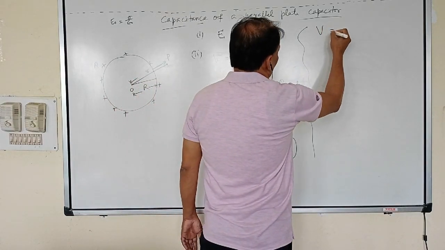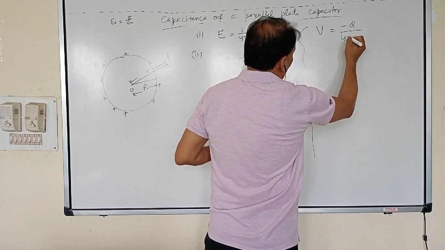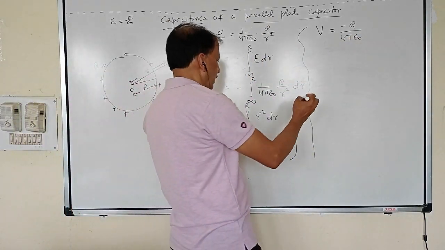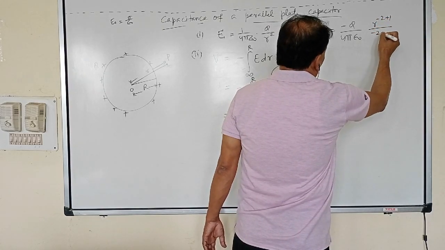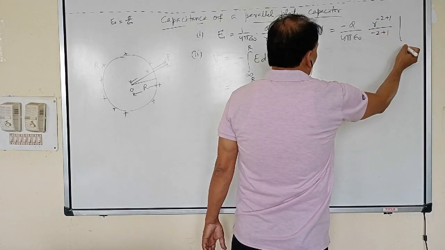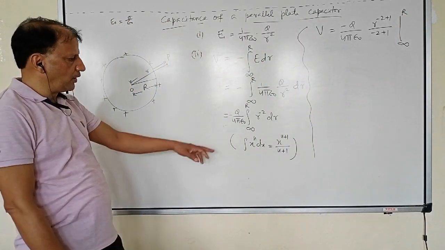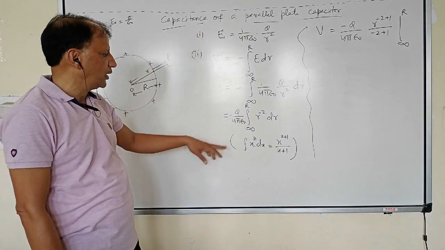V is equal to minus q upon 4 pi epsilon naught. Now here we have taken the integration, r to the power minus 2 plus 1 upon minus 2 plus 1, limit is from infinity to r. What is n here? Minus 2. Minus 2 plus 1 divided by minus 2 plus 1, limit is from infinity to r.